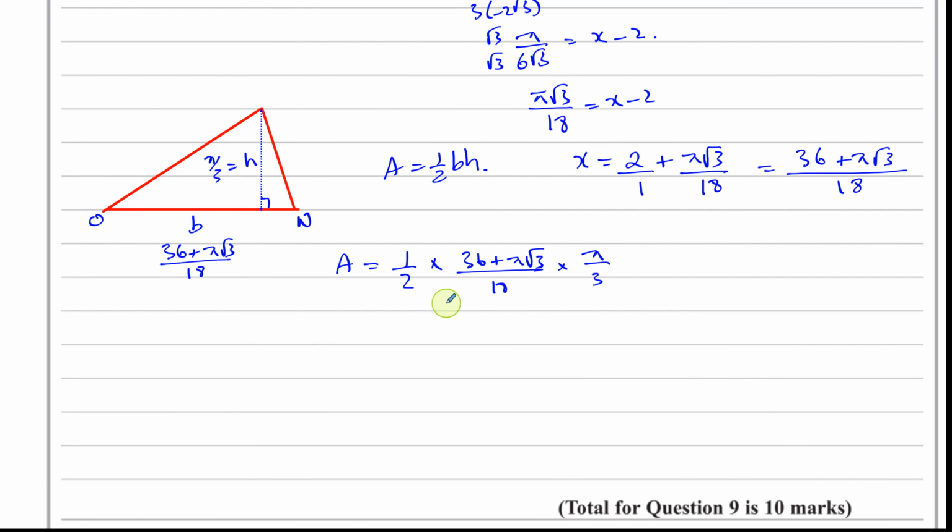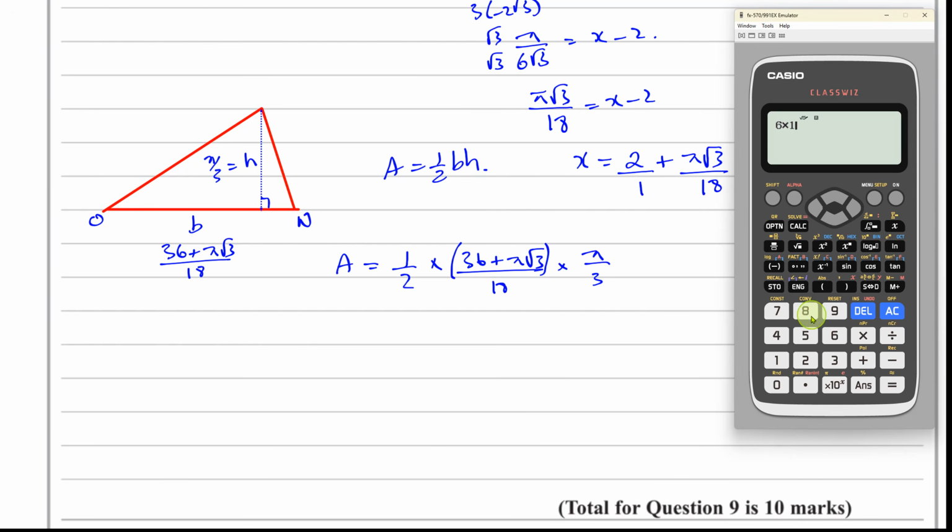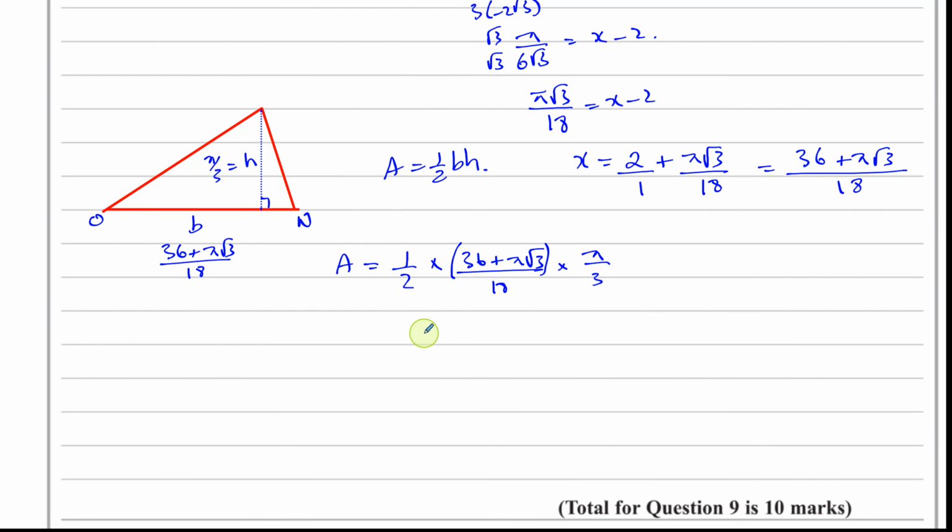So let's just work this out. The 36 plus pi root 3 is in brackets here, so be careful about that. You're going to have a half times 2 times 3, that's 6, times 18. 6 times 18 is 108. So you're going to have 1 over 108 pi times 36 plus pi root 3.